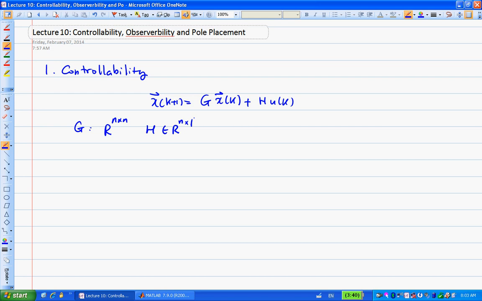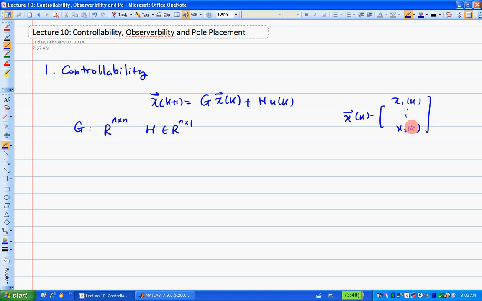So controllability basically means, here's a vector of state variables. There are n components here, so those are state variables. And the whole purpose is controlling. Controlling means here is your input U. The idea is, are you able to control each one of these?